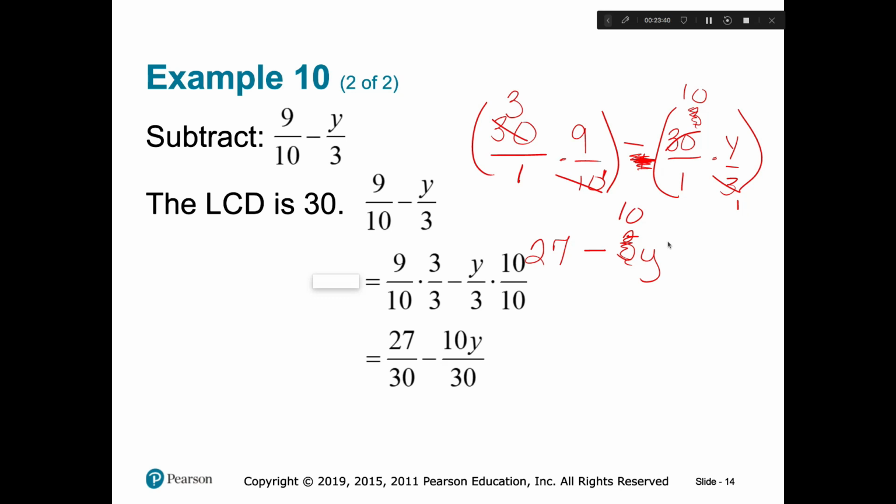There's 30. 10. Why do they still have a 30 on the bottom? She asks. I canceled out everything on the bottom. So why did they still have a 30 on the bottom?